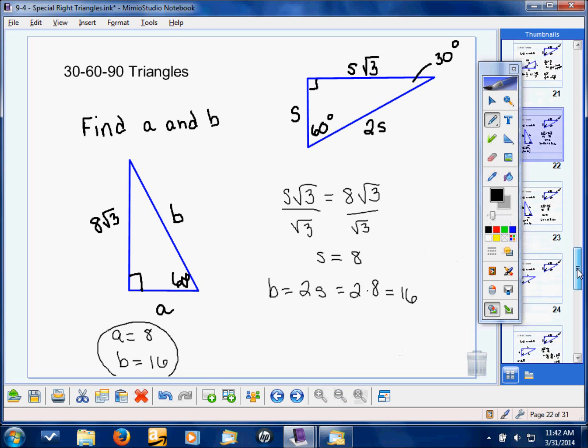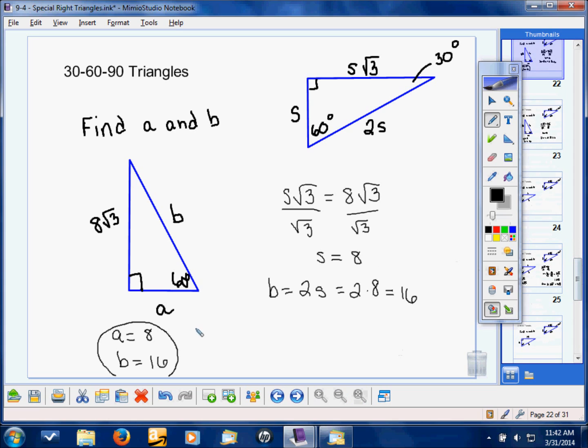Earlier somebody made a very common mistake and said B was 4, because they forgot that they found the one that was here and you had to double it. So it is helpful to put the numbers back in your picture so that you can see that they make sense.